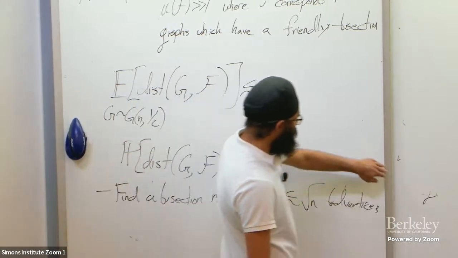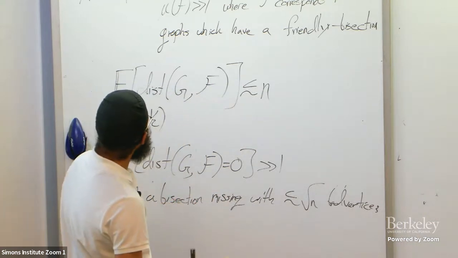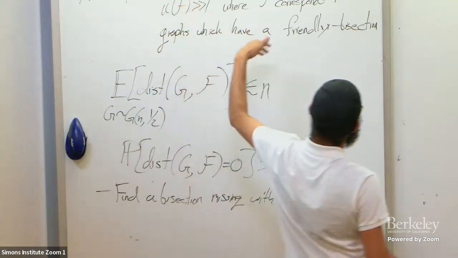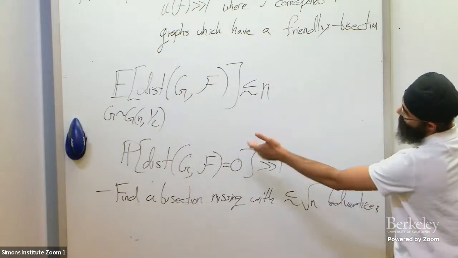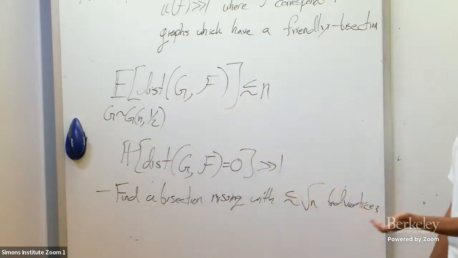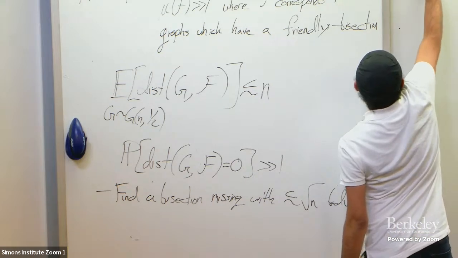But if we want to get exactly friendly, we'll need to do something more. And the main thing is we've somehow forgotten maybe the key fact about this family and what we're aiming for. So somehow the Hamming metric is maybe not the right metric here. We don't really care about the number of edges you change. We do care about how these edges that you change are distributed throughout the graph. So that's the first thing.